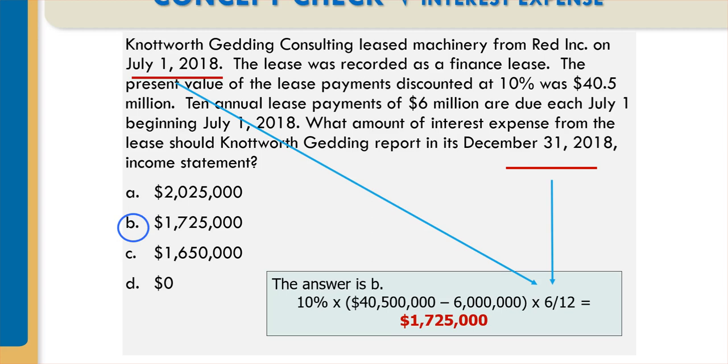You wrote the check. So the 6 goes off the top, and then the total interest which you are going to have for that whole year is going to be 10% of the difference between 40.5 and 6.